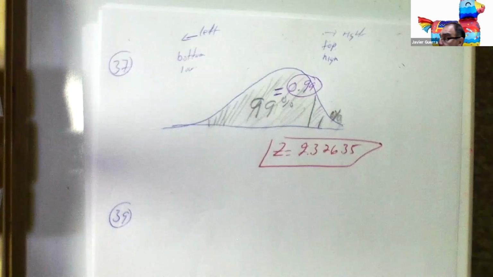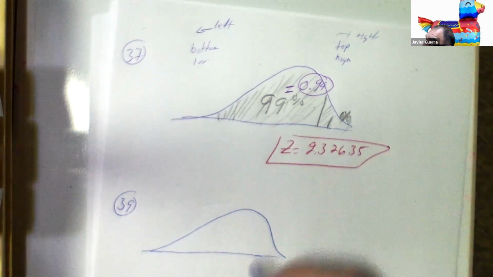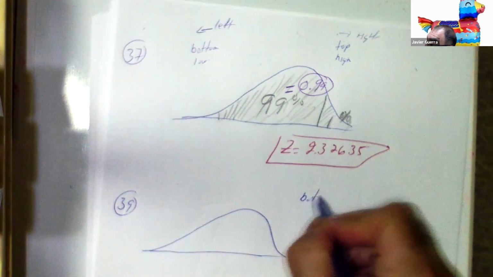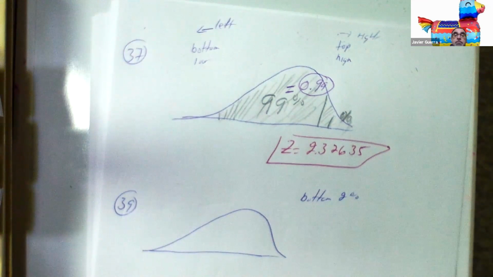All right. So one of them is the bottom 2%, and the other one is the top 2%. Bottom 2, top 2.